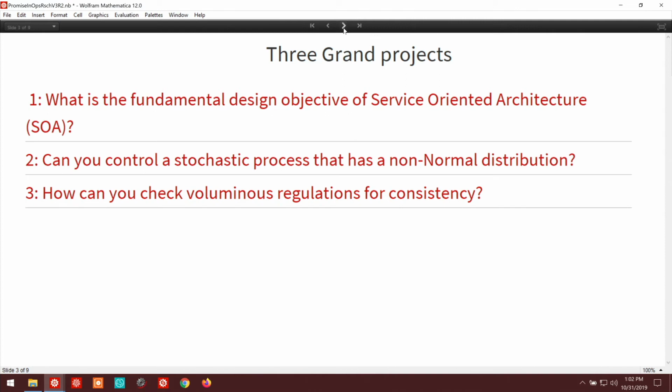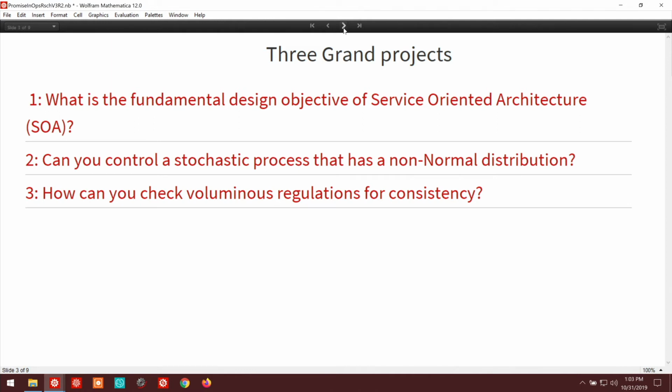Second project, can you control a stochastic process that has a non-normal distribution? Six Sigma assumes that you have a normal distribution, but quite a few processes don't. I'm going to talk about one, actually a set of such processes, that have a log normal distribution.